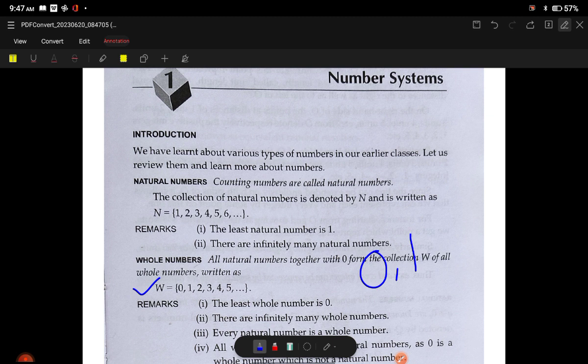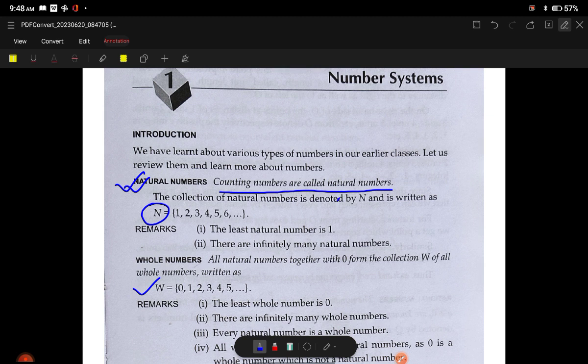Okay, so our first number series is the numbers which help us to count something, that is called the counting number or the natural number. The counting or natural numbers are denoted by a set, meaning a collection of numbers.